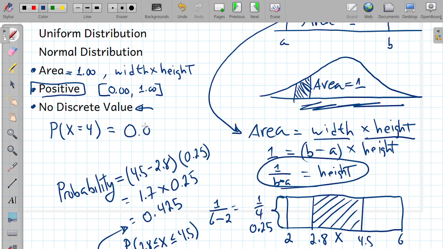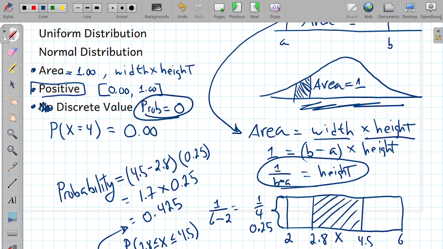You don't even have to do any complicated computations or look anything up, because equality implies a distinct value, and you can't have that. Maybe I shouldn't have said discrete value is forbidden; it would have been better worded as: the probability of a discrete value is 0. And I'll explain why.